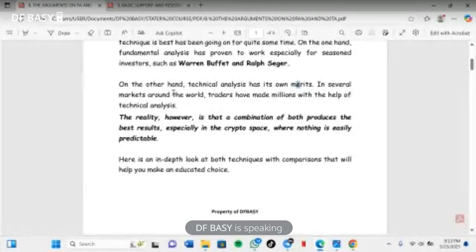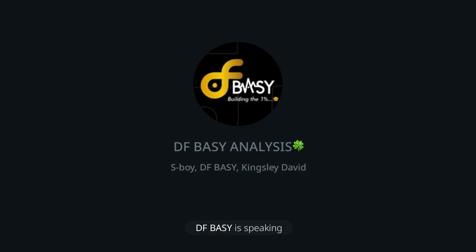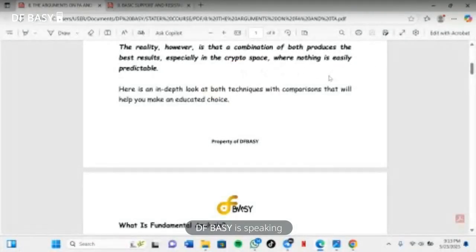On the other hand, technical analysis has its own merits. In several markets around the world, traders have made millions with the help of technical analysis. The reality, however, is that a combination of both produces the best results, especially when trading in the crypto space and forex space, where nothing is easily predictable.